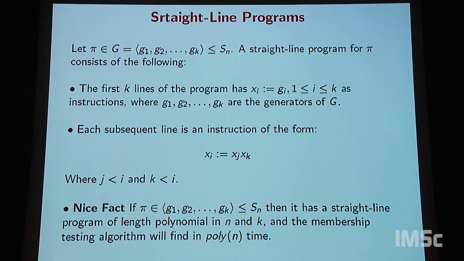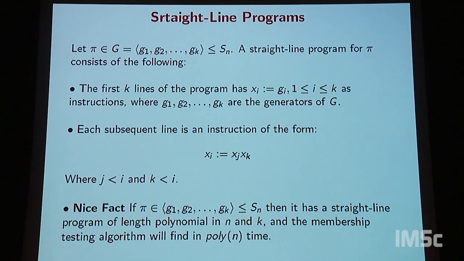And here is a nice fact which we are going to see in the course of the algorithm that I'm going to describe: suppose g1 to gk generates some subgroup of Sn, any element of the subgroup can be expressed as a straight line program of length at most polynomial in n and k.